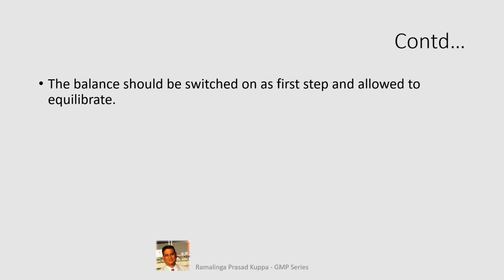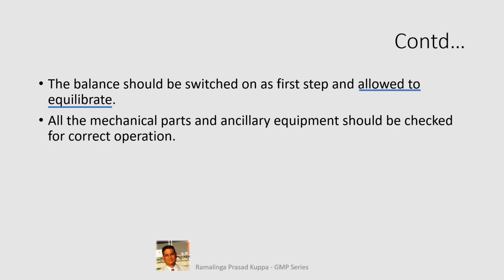The balance should be switched on as the first step and allowed to equilibrate. After successful installation and qualification, turn on the equipment and allow it to equilibrate. All the mechanical parts and ancillary equipment should be checked for correct operation.